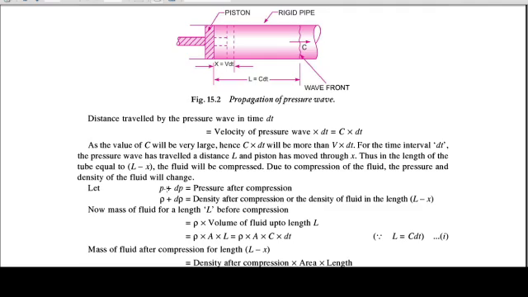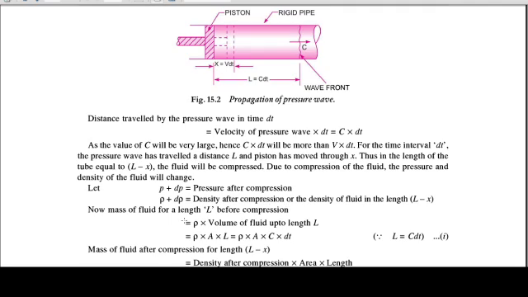P is the pressure before compression, then after compression the pressure will become P plus dP. So let P plus dP be the pressure after the compression. Also, with this pressure, density also changes. So density before compression is indicated by rho, and after the compression it will become rho plus d rho. So let rho plus d rho be the density after the compression.